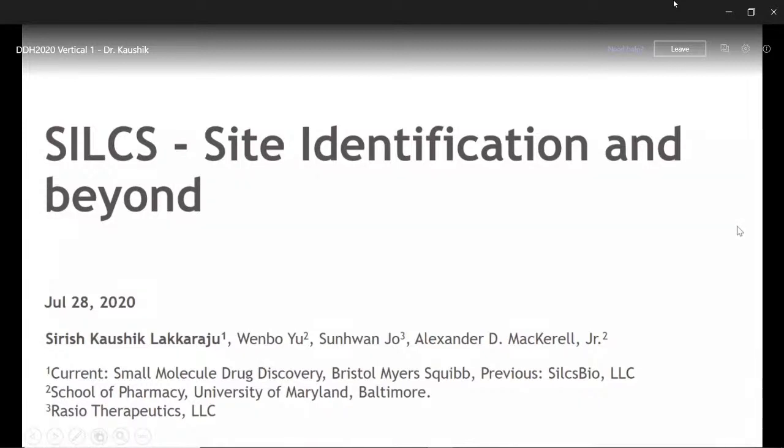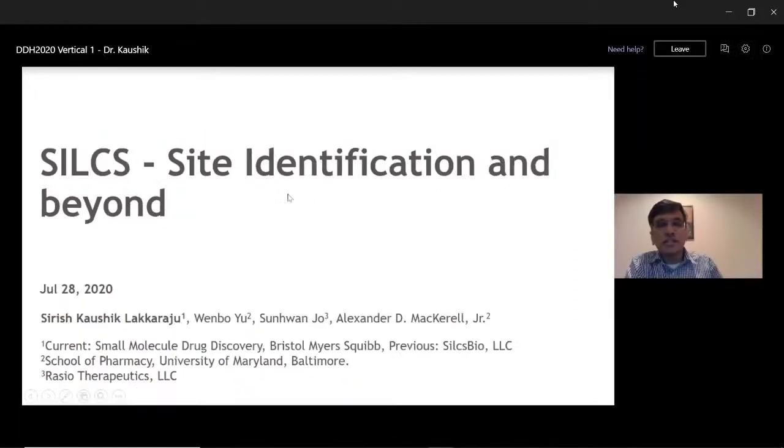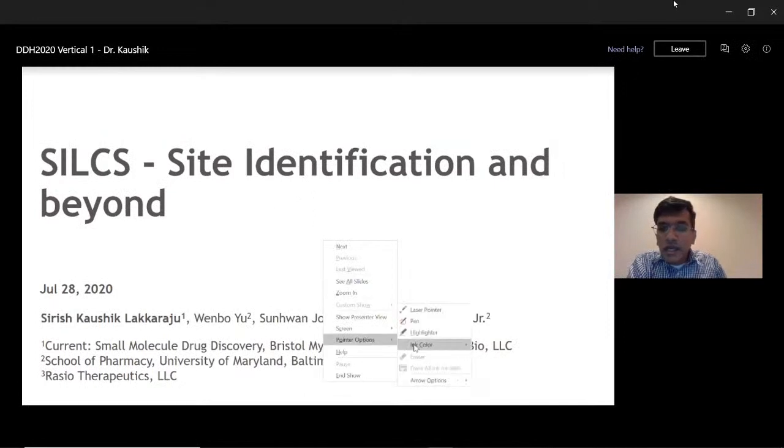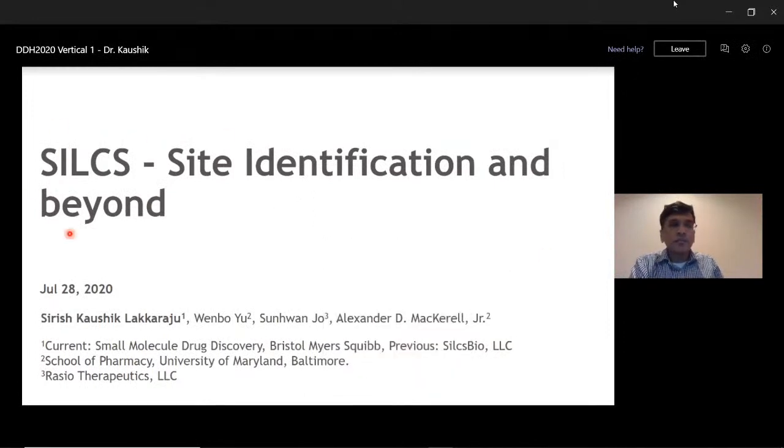All right, so what I want to talk about today is this fragment-based simulation approach called SILCS, and what we can achieve in drug design using a method like this.